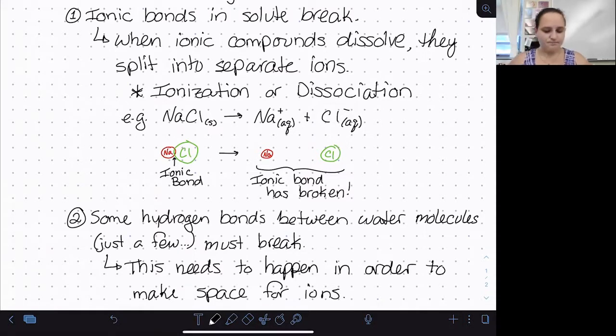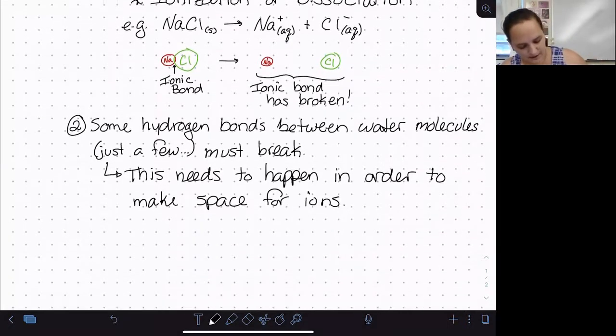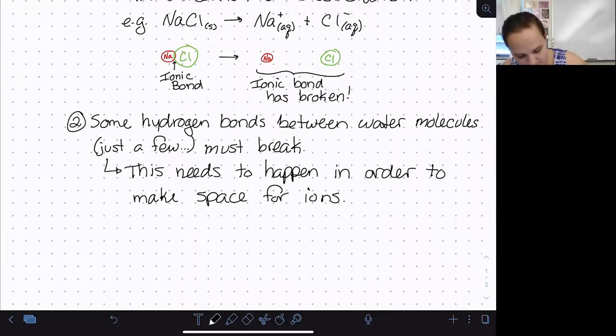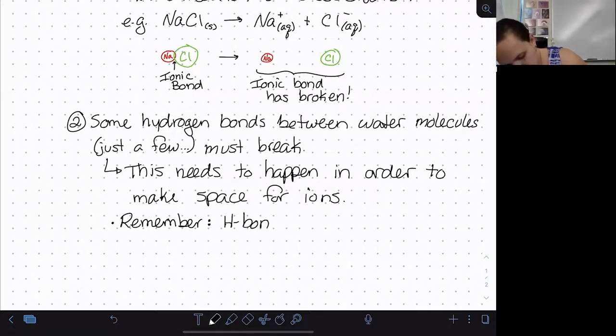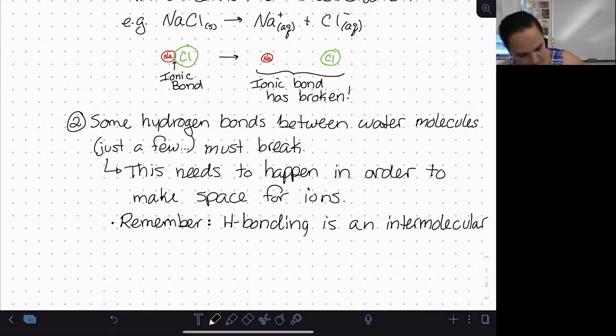Make space for ions. So a quick reminder about hydrogen bonding and how all of that works is that hydrogen bonding is an intermolecular force. Which means that it occurs between two separate molecules.